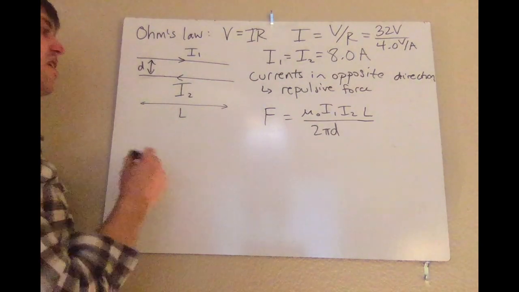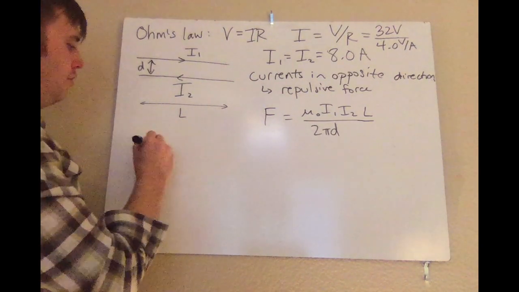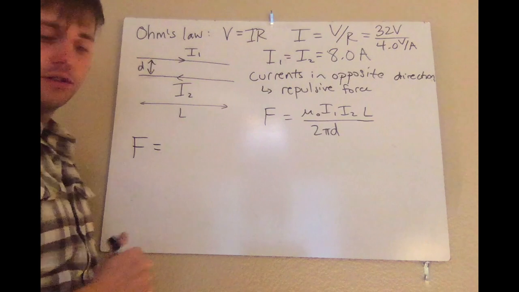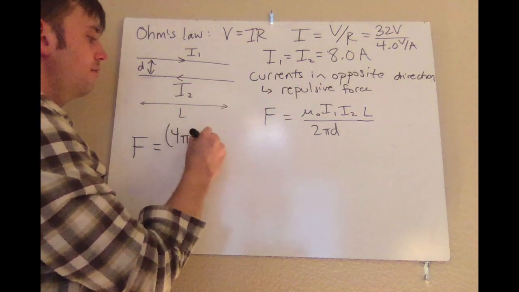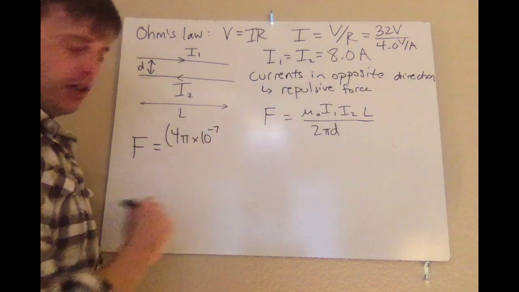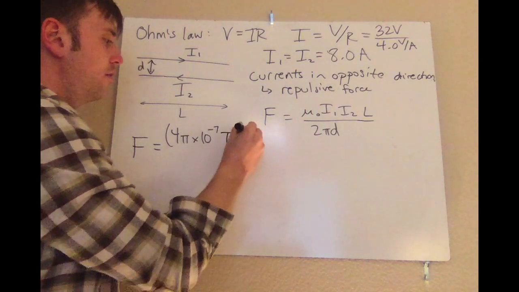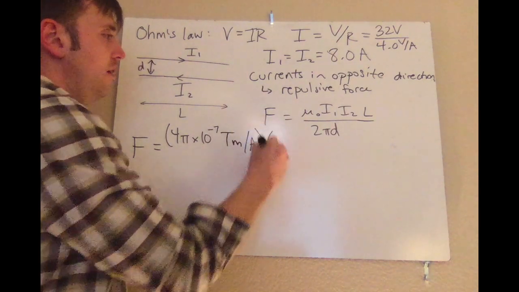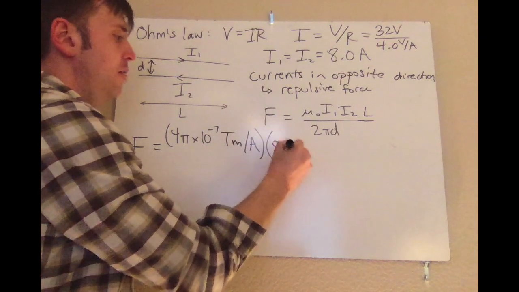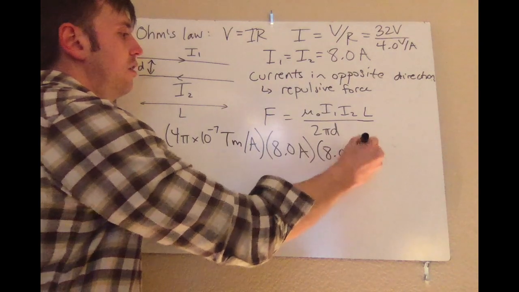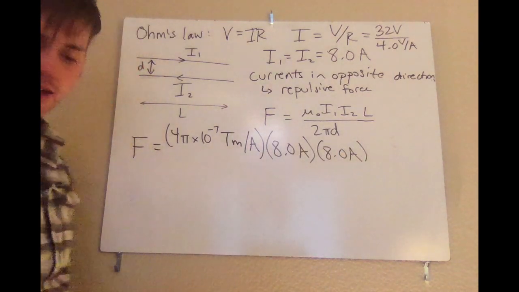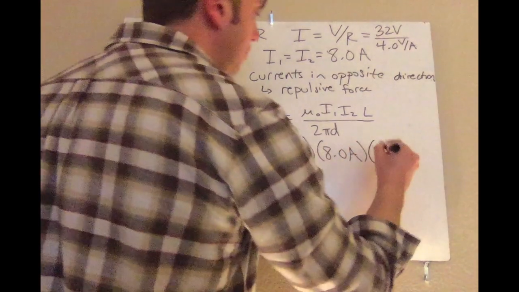All right, now we're ready to calculate. The force of repulsion between these two wires is equal to mu naught, which is 4 pi times 10 to the minus 7, and the units are Tesla meters per amp, times I1 and I2, which are the same, 8 amps, times the length, which is 2 meters.